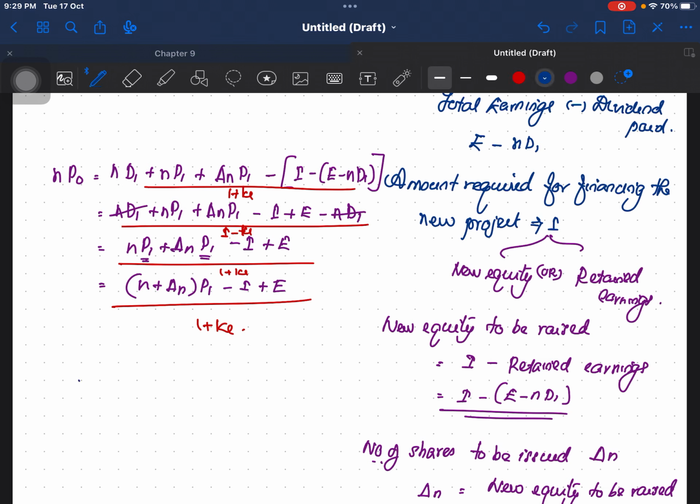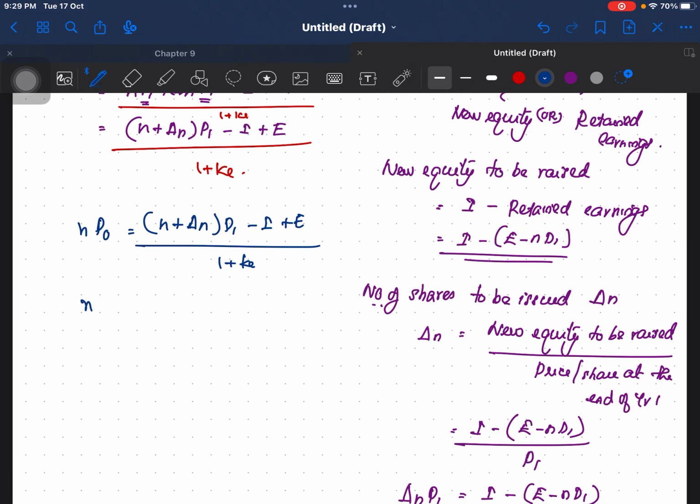The formula will be nP0 is equal to n plus delta n into P1 minus I plus E, divided by 1 plus ke. And what is n? n is the number of shares, P0 is the value per share, so nP0 is the value of the firm today.